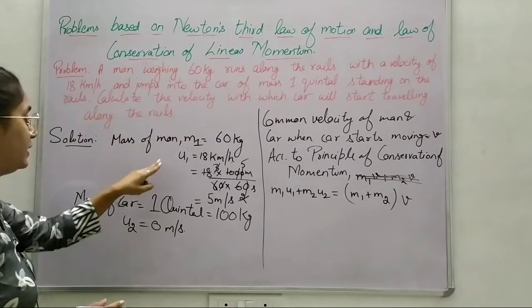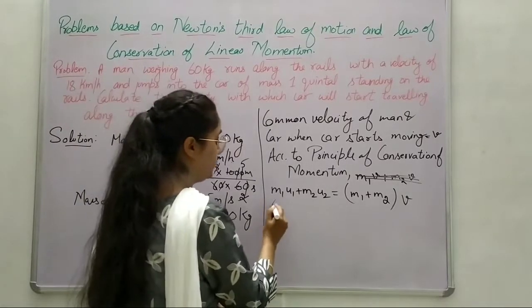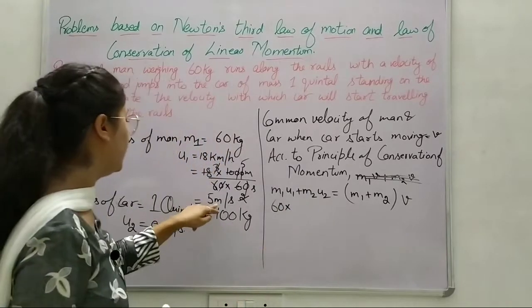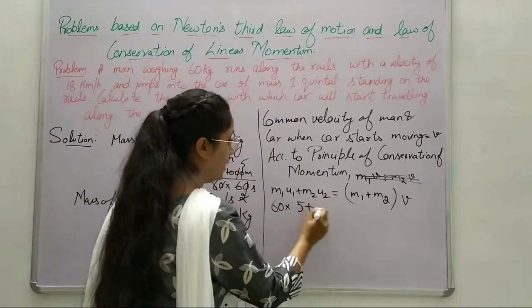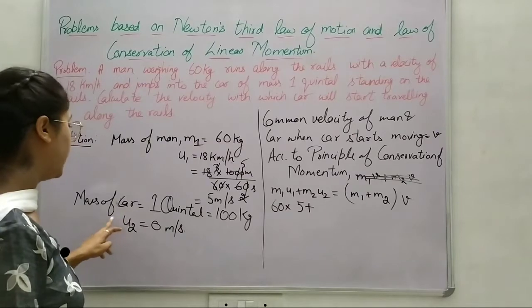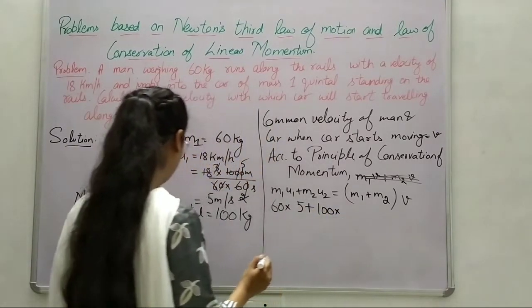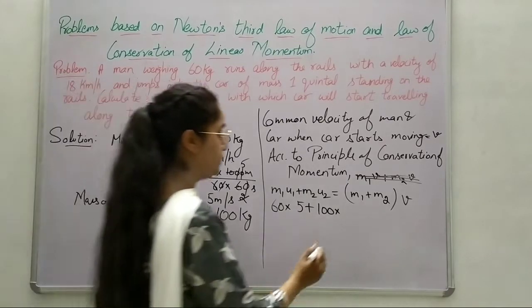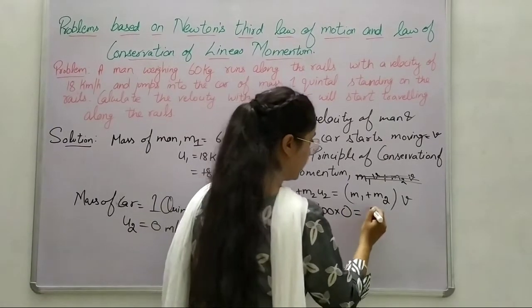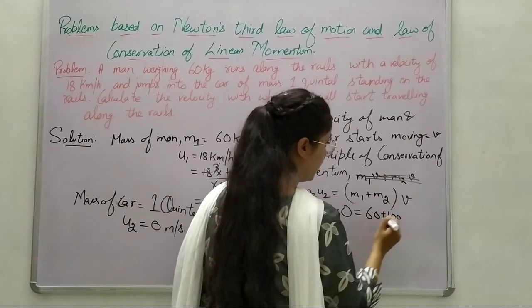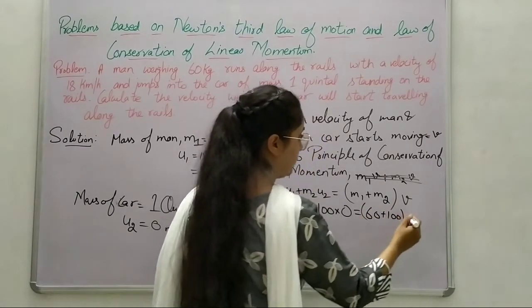Now m1 is 60 times u1 is 5 plus m2 is 100 times u2 is 0 equals 60 plus 100, m1 is 60, m2 is 100, times v.